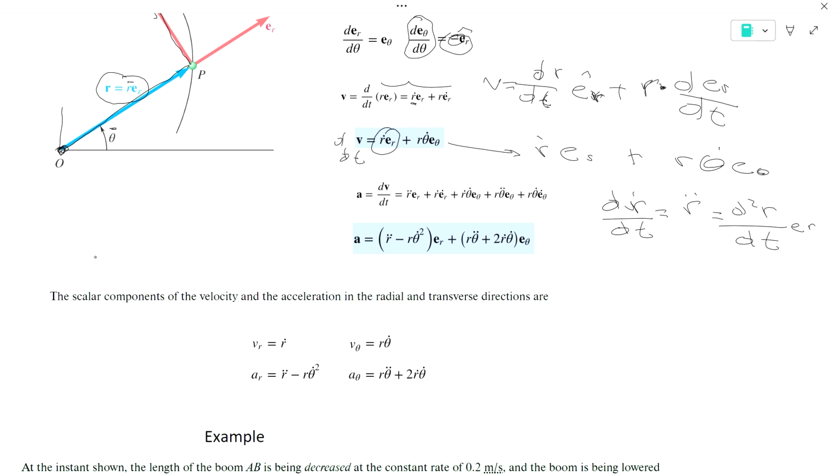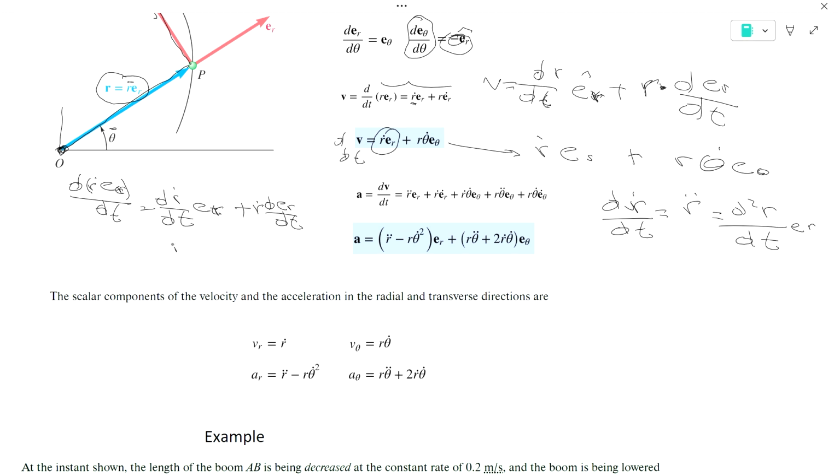I want to do it again. I really hope I have enough time, or enough space actually. Let's see. If you want to derive this guy, what is that? This is the derivative of r dot with respect to time times e_r, plus e_r, the derivative of e_r with respect to time times r dot.